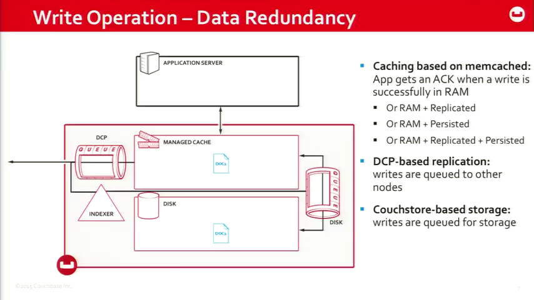If a document comes to the managed cache but doesn't get replicated or persisted, the DCP can figure out that the mutation didn't happen. So the acknowledgement doesn't get back to the application server, the transaction fails, and that transaction has to be repeated.